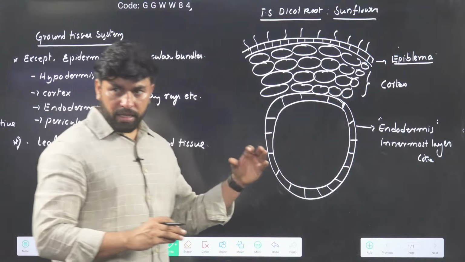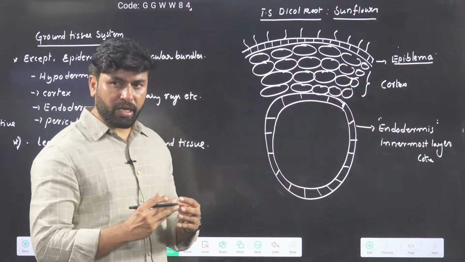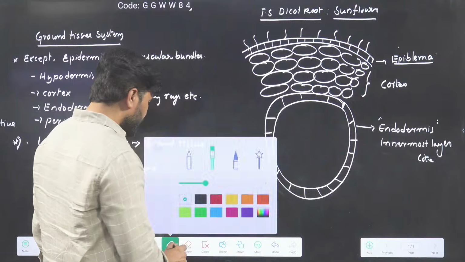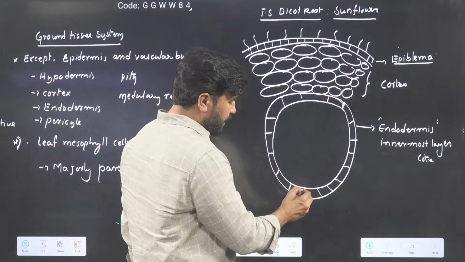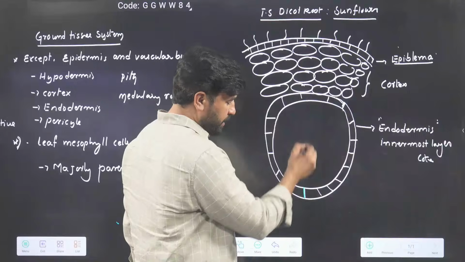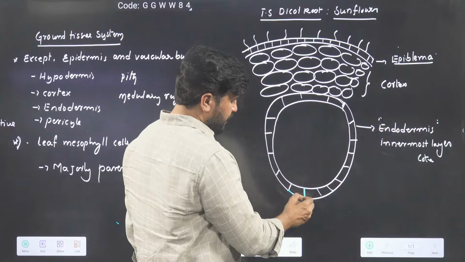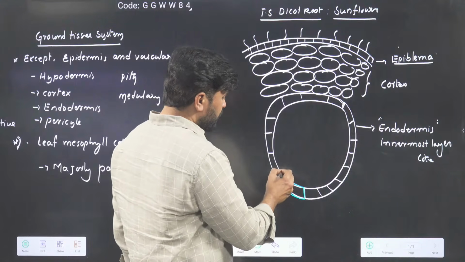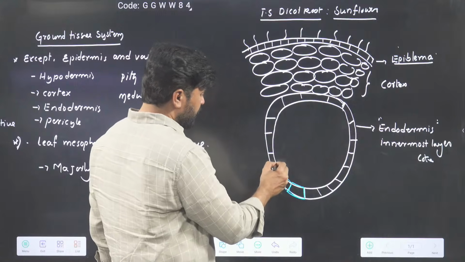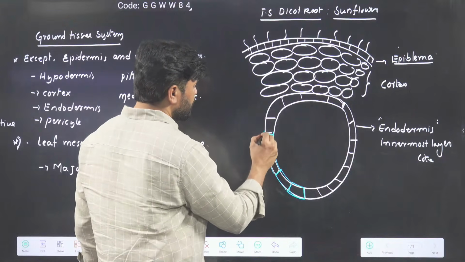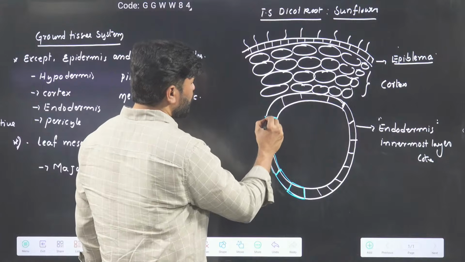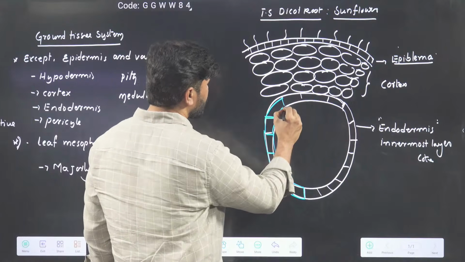Next, in the endodermis, we have some special kind of appearance on their radial walls. What do you mean by radial wall? This is a radial wall, radius, and this is tangential wall. Both on the radial walls as well as on the tangential walls, they have some specialized water impervious coating.